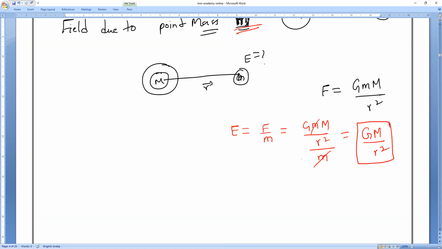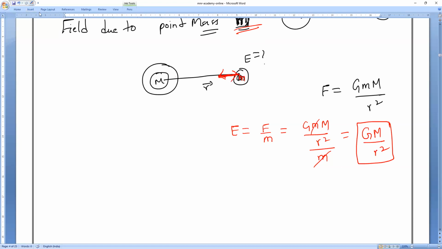This is the formula. You can see the force of attraction of a small body is always acting towards the bigger body only. Am I right or wrong? The bigger body is trying to attract the smaller body in this direction, and the smaller body will attract the bigger body in this direction.